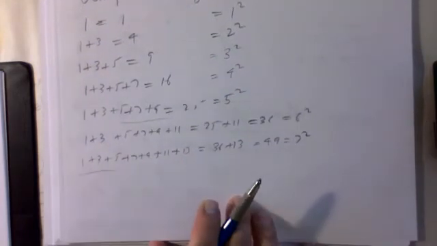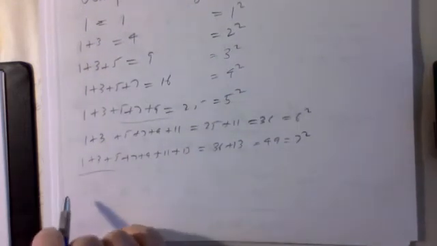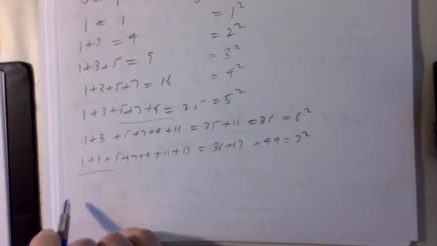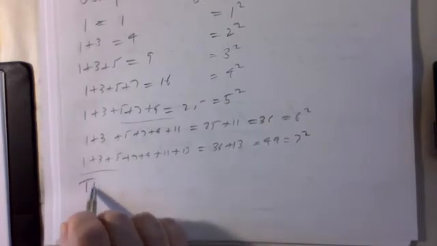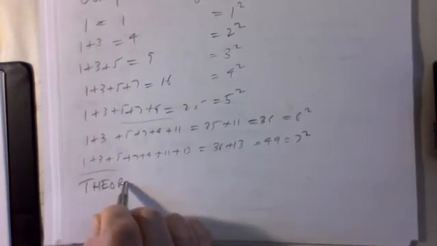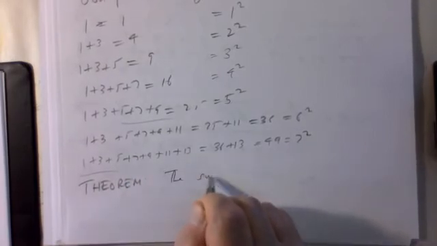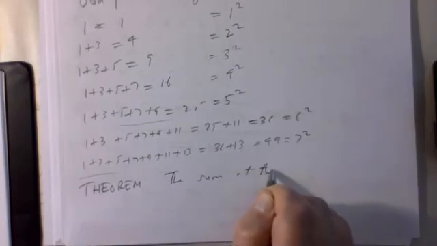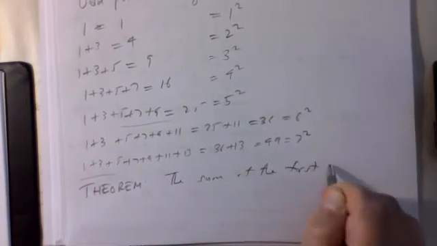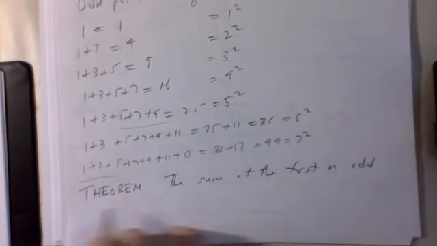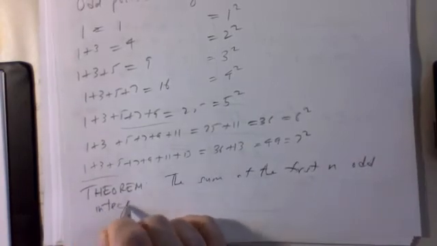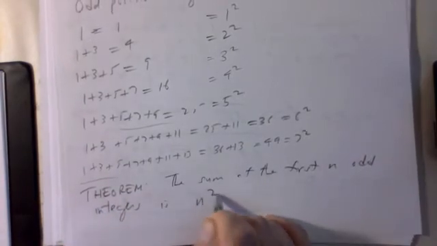And we might believe or hope to prove that this is, in fact, a true statement for all n. So we could say, well, maybe this is a theorem. The sum of the first n odd positive integers is always equal to n squared.